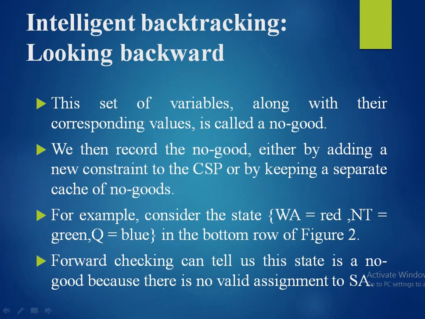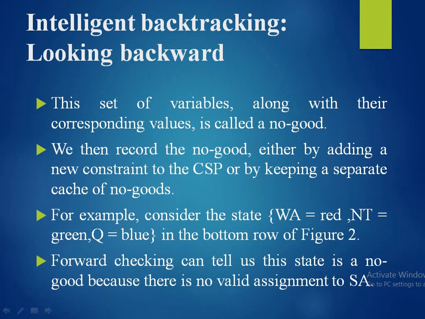This set of variables along with their corresponding values is called the no-good. We then record the no-good either by adding a new constraint to the CSP or by keeping a separate cache of no-goods.